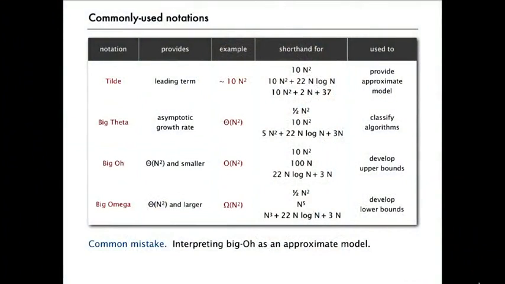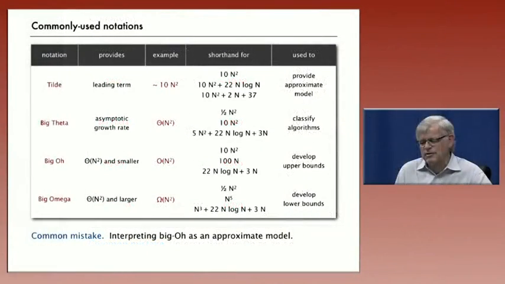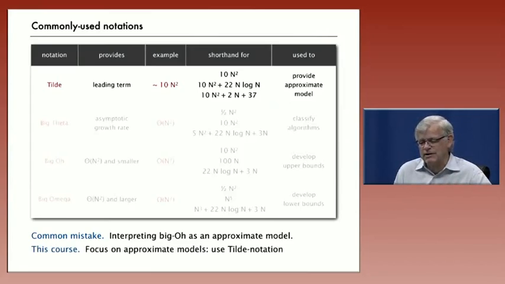And the other thing is, in order to really predict performance and compare algorithms, we need to do a closer analysis than to within a constant factor. We talked about the tilde notation in the big theta, big O, and big omega that are used in the theory of algorithms. And there's so much published research in the theory of algorithms that a lot of people make the mistake of interpreting the big O results, which are supposed to give improved upper bounds on the difficulty of the problem, as approximate models for the running time, and that's really a mistake.